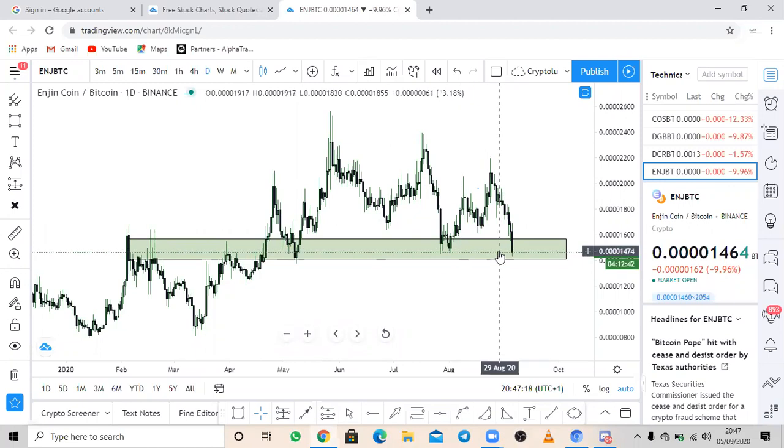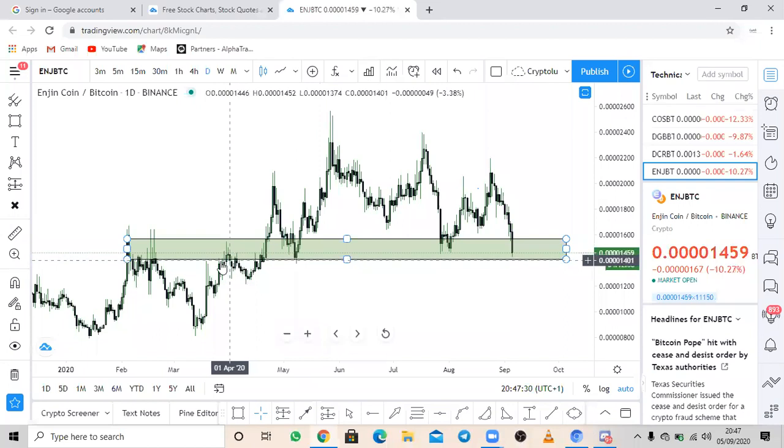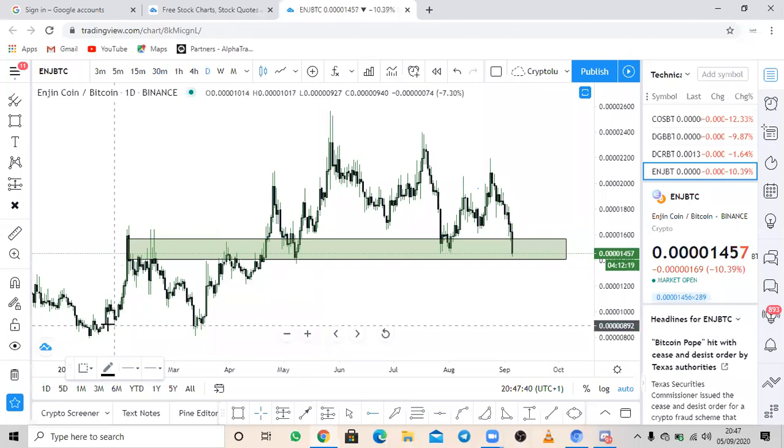So even if this trade idea will be valid, then it shouldn't go below this level here. Once it goes below this level, then we are actually going to the next one. So what I'm doing now is just marking out levels for you that you should watch out for.